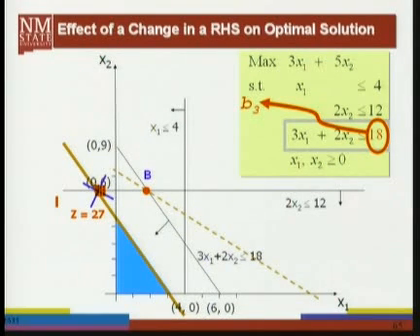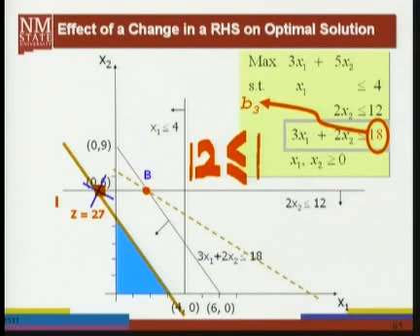So the allowable decrease limit to stay feasible for B3 would be: B3 should be greater than or equal to 12. Okay? How about the allowable increase limit to stay feasible for B3? The 24? Okay, let's see.